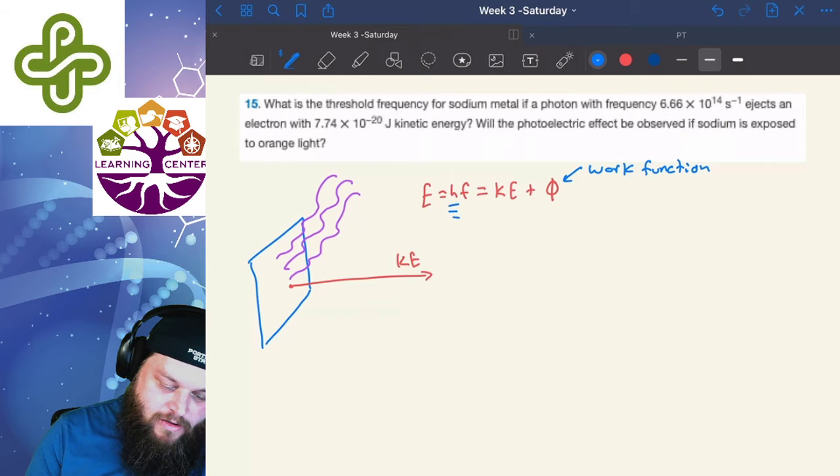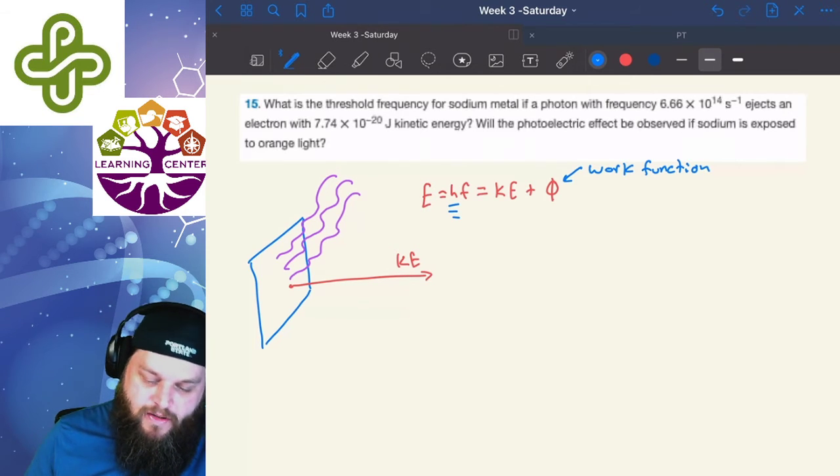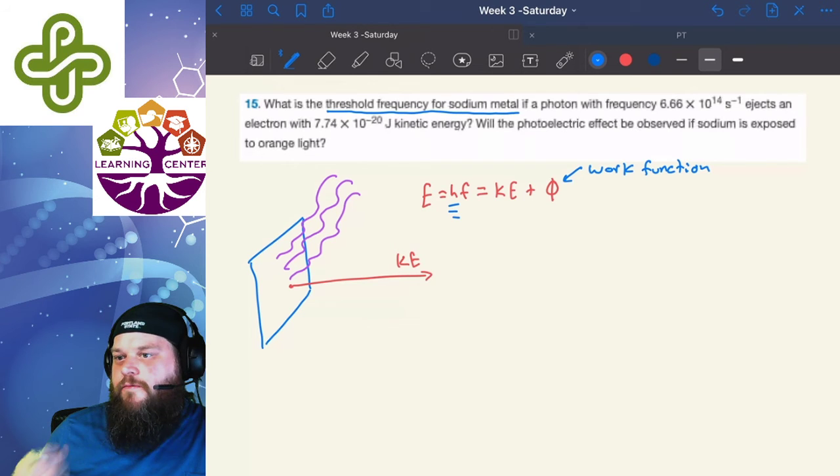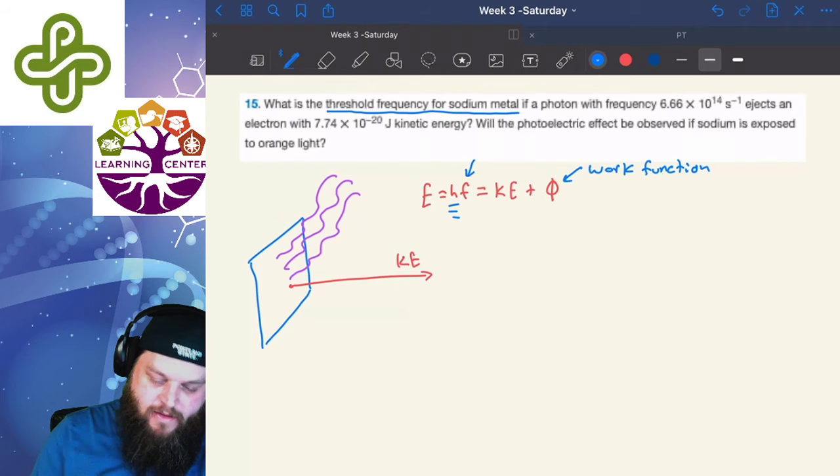But what we can do is utilize this equation here to solve for what we're doing here. Because here it tells us that they want to know what the threshold frequency for sodium metal is. So at what frequency of light do we start to eject electrons from things? So they give us an example.